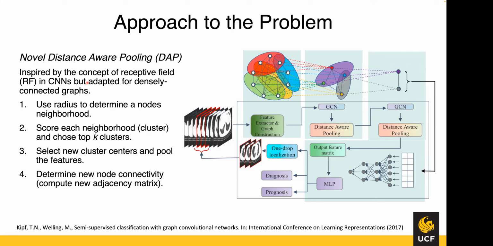Okay, so this is inspired by the concept of a receptive field in regular convolutional neural networks. The receptive field is basically just the size of the region that determines a feature. So if you have a 3x3 convolution in a regular convolutional network, it would be the 3x3.